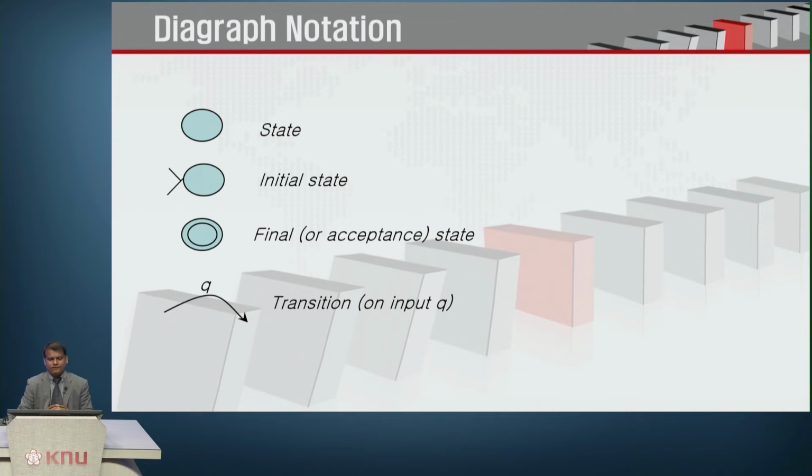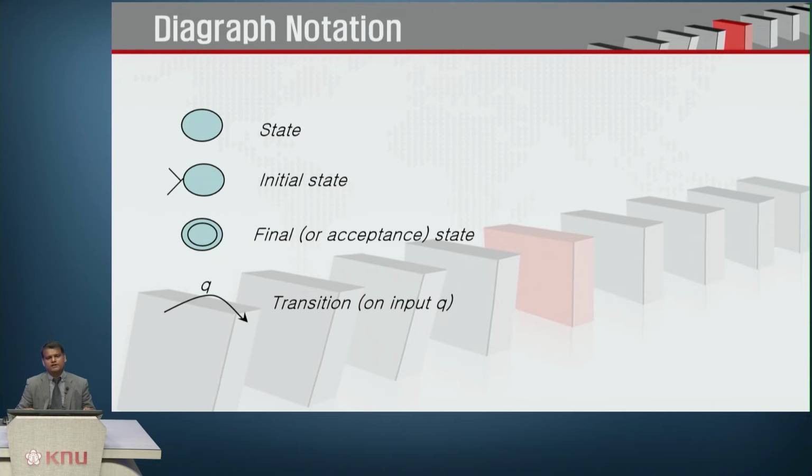So the digraph notations are given here. A circle represents the state, and you can see an arrow heading in to a circle, which represents the initial state. Then comes the final or accepted state, which is two concentric circles.